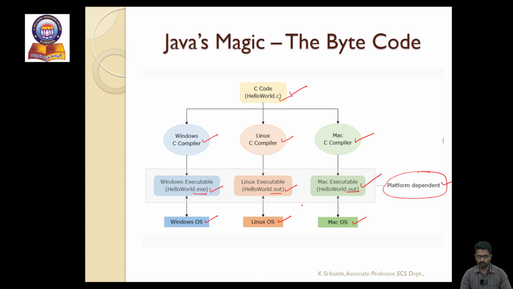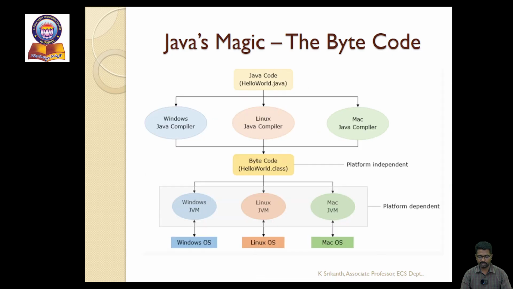This drawback is overcome in Java language by introducing bytecode. Here in this diagram, it is very clear that the Java code, which is in a file with extension .java, is given to the Windows Java compiler, Linux Java compiler, and Mac Java compiler. All the Java compilers generate the same code, that is bytecode, which we call intermediate code, in the format .class, which makes the language platform independent.